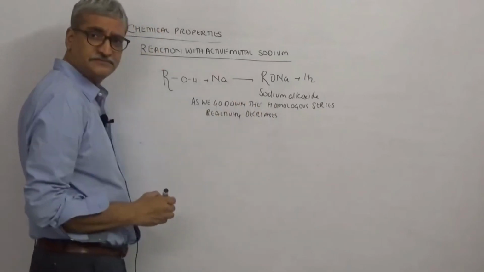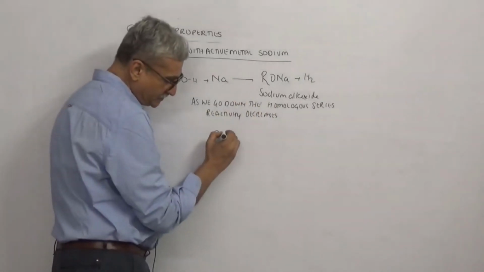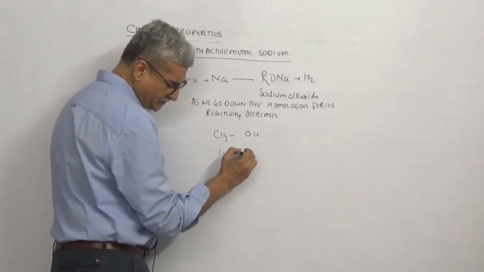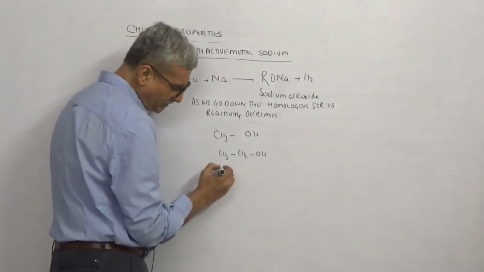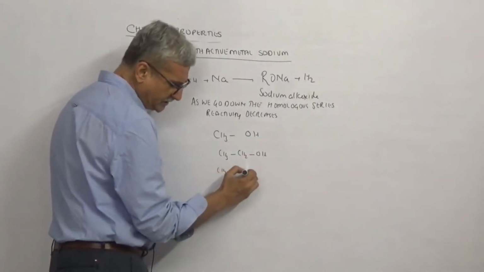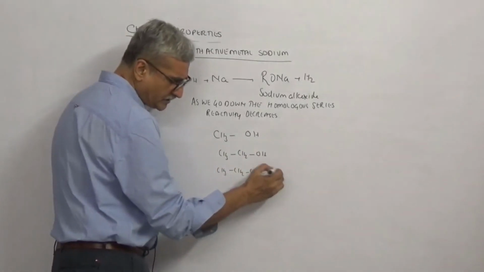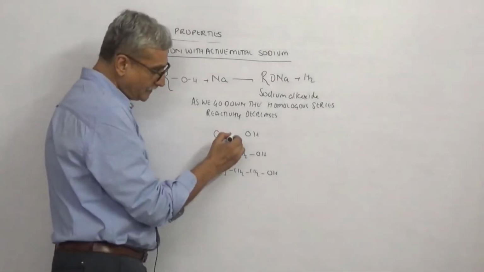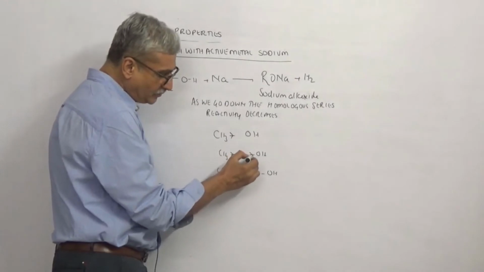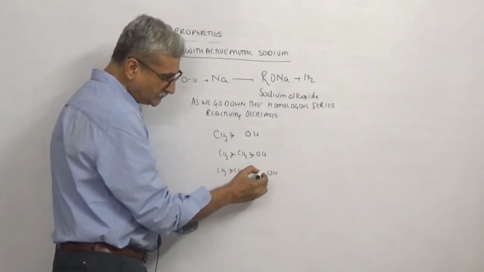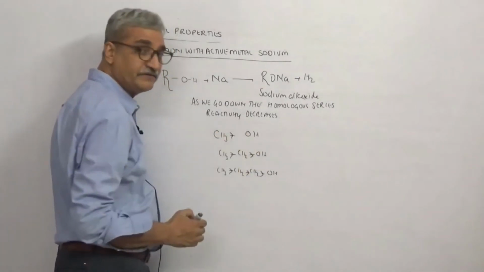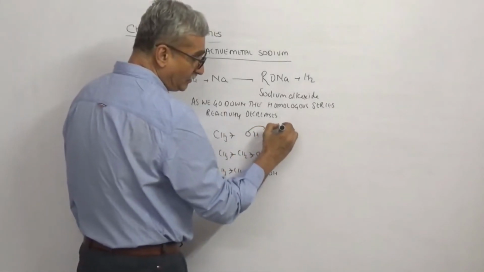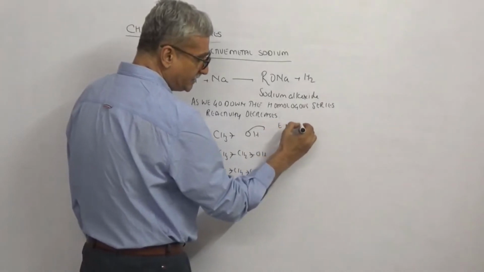Why does it happen? Let me explain. So I take CH3OH, CH3CH2OH, CH3CH2CH2OH. What happens is, the inductive effect of the alkyl group decreases the electronegativity on oxygen. So what is happening? Electronegativity of oxygen decreases.